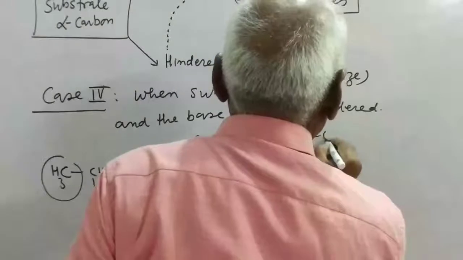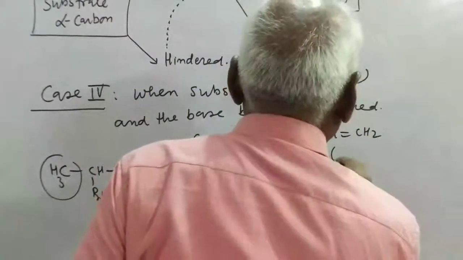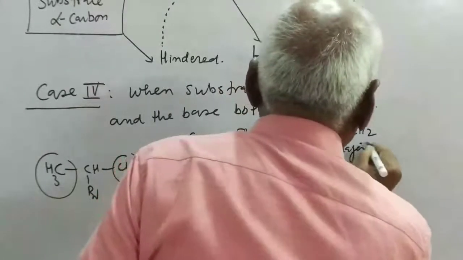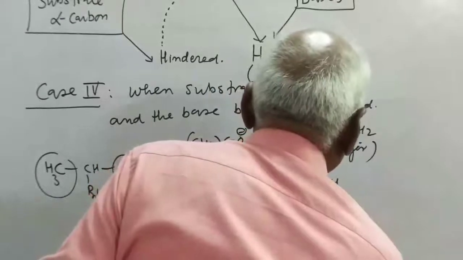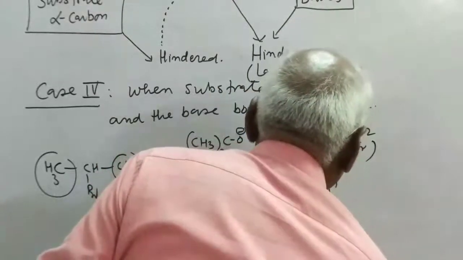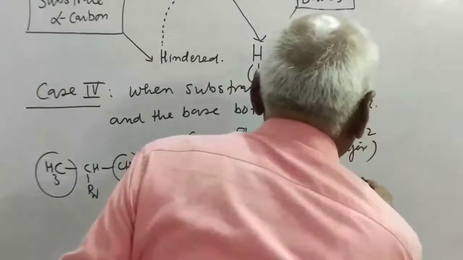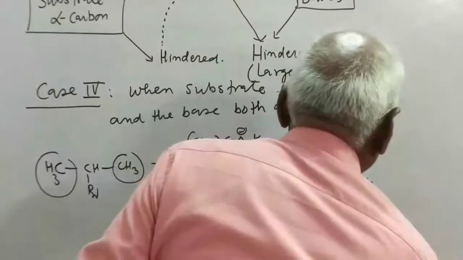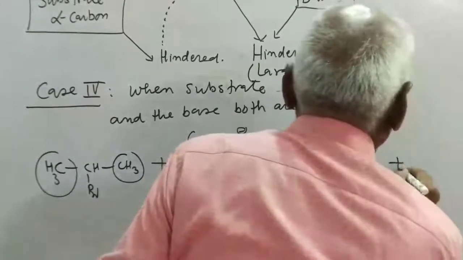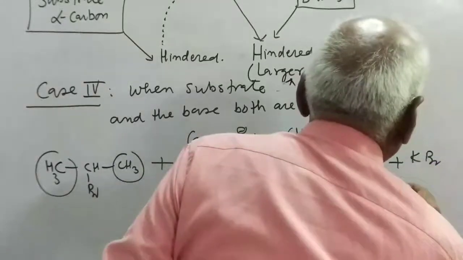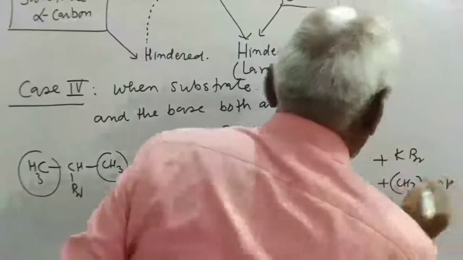So this is the CH3CH2 E2 reaction major product, and this is the SN2 product. This is minor. The other products are KBr plus tertiary butyl alcohol.